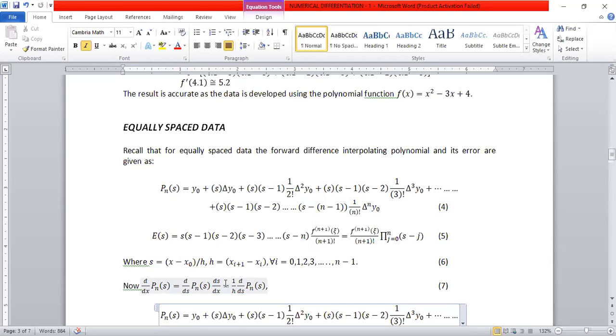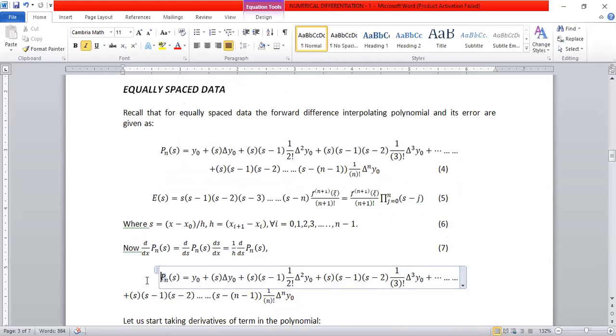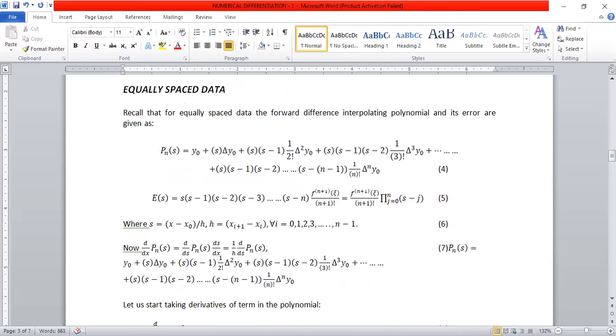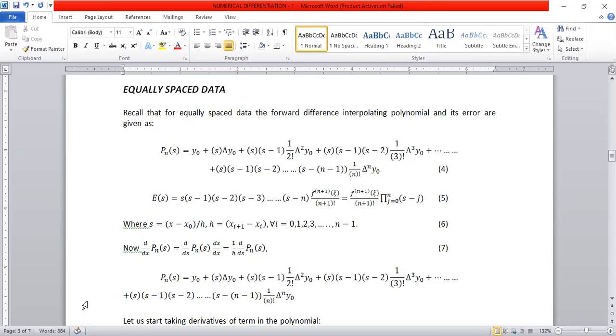Now, when I take the derivative of p in s, that is the forward difference interpolating polynomial dependent on s, I can take its derivative with respect to s. So recall the format of the forward difference interpolating polynomial: it starts at the first y value, then s into the first order difference, s into s minus 1 divided by 2 factorial into the second order difference, s into s minus 1 into s minus 2 divided by 3 factorial into the third order forward difference, and so on up to the nth.